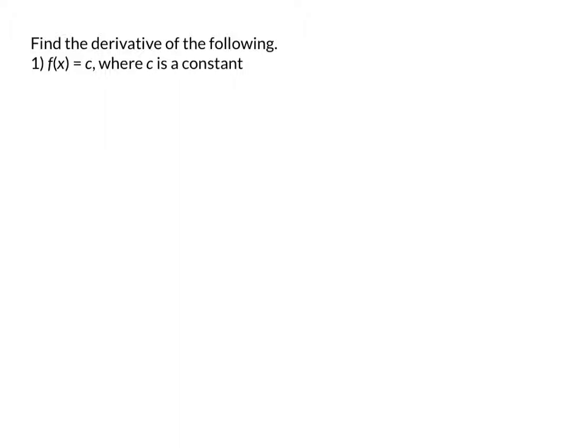Now, I'm still going to use the definition for derivatives, which still involves me doing the limit as h approaches 0 of f of x plus h minus f of x all over h.